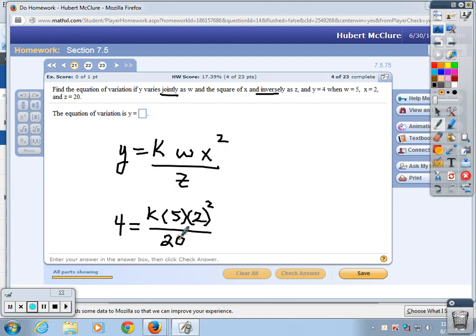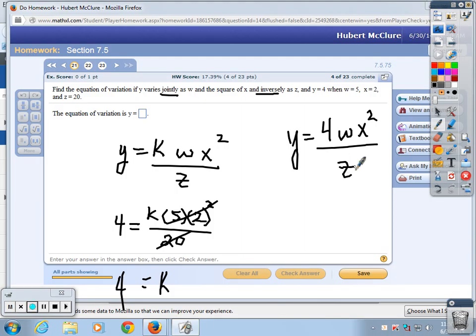You get 20 over 20. And K is equal to what? 4. And then you just plug it in. Y is equal to 4 w x squared over z. Okay, so what's 2 squared? I got it. 4 times 5 is 20. 20 over 20.